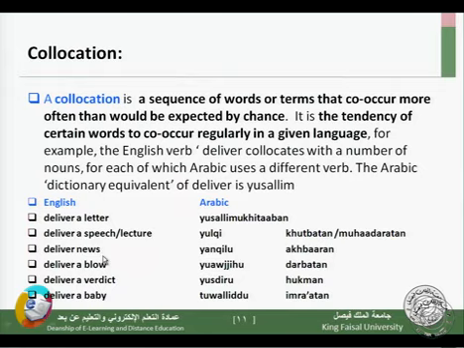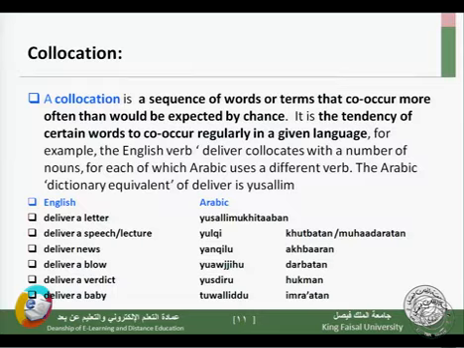Deliver news, يلقي ينقل أخبارا. Deliver a blow, يوجه ضربة. Deliver a verdict, يصدر حكما. Deliver a baby, تولد امرأة. Here we say تولد امرأة.